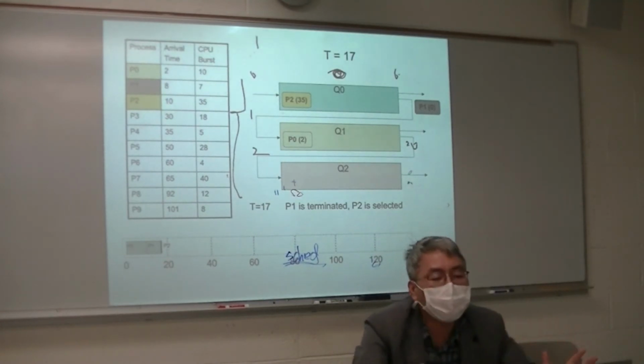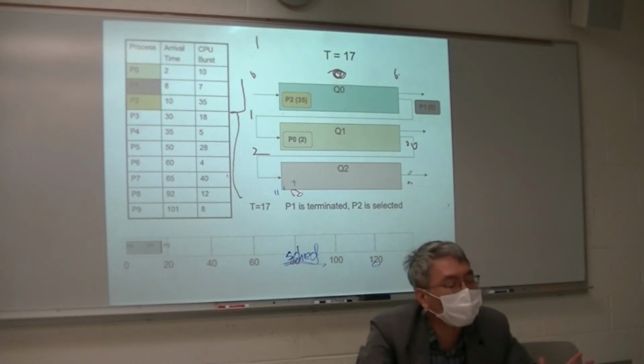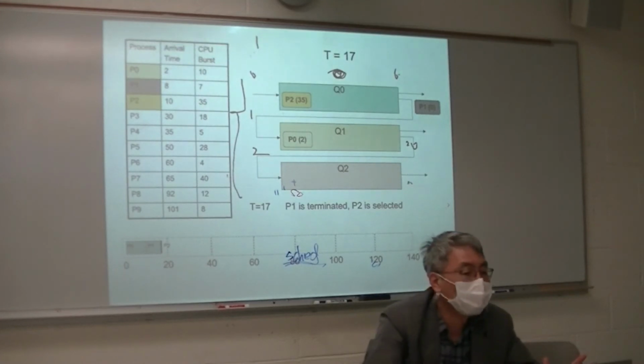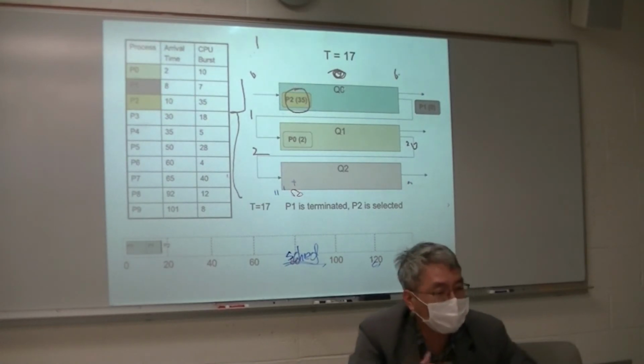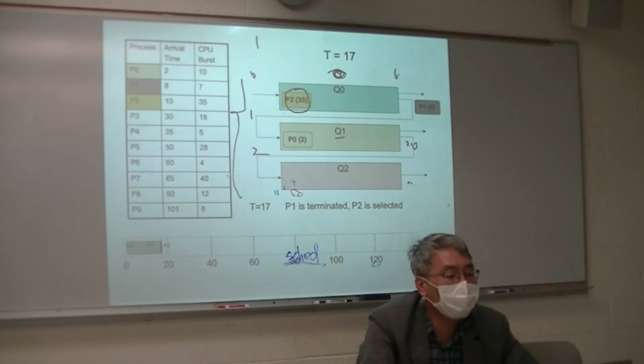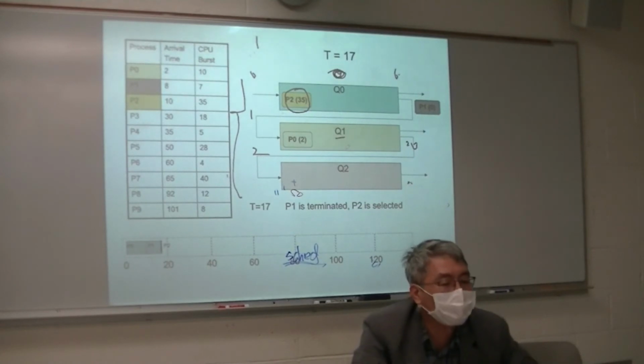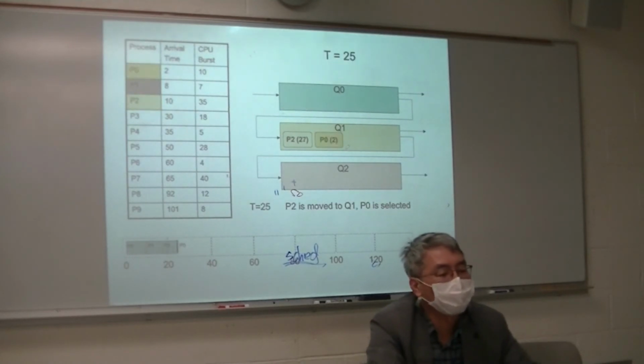But to simplify the problem, I asked for the priority-based algorithm. So because there is a process, Q0 will take the CPU resource, and because of that, Q1 doesn't do anything. So keep going. Once Q0 is done, where is P1?